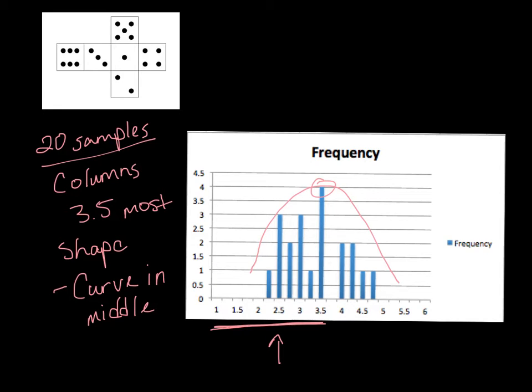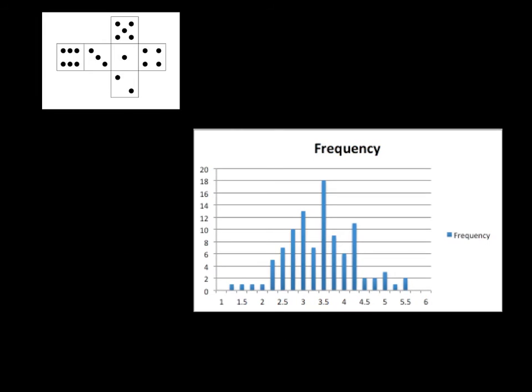Will this continue if I try to get 100 samples? So at this point I programmed a model to generate a random simulation and graph of 100 samples. Here are the results of that simulation of 100. For columns, I continued to have 3.5, with the most samples, 18.